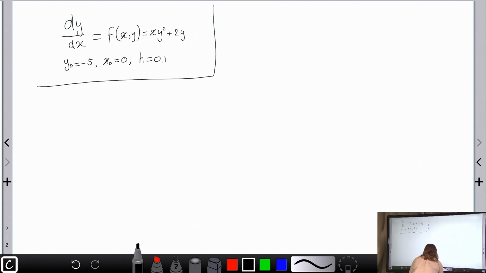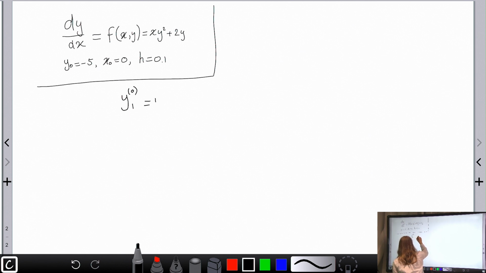And now we want to use the predictor and the corrector equations. So we can find y1, the predictor of the value of y at one step size away.